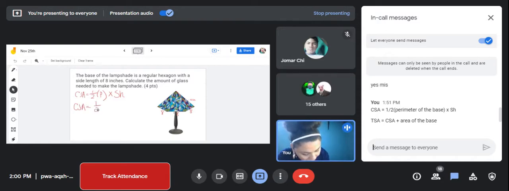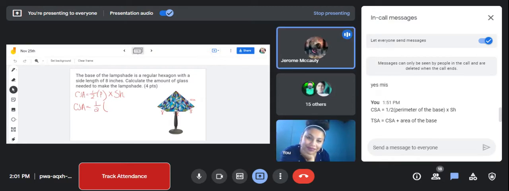What is the perimeter of the base now? How are you going to find the perimeter of this shape that has 6 sides that measure exactly the same? Eight times six, miss.